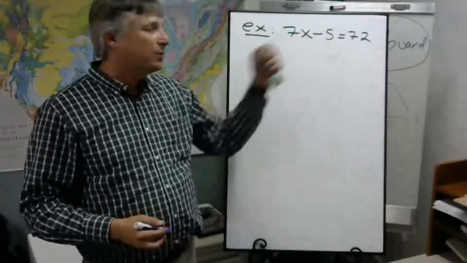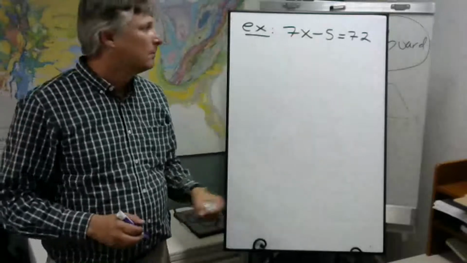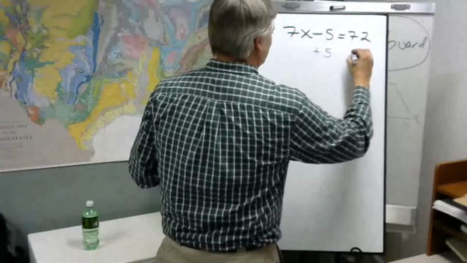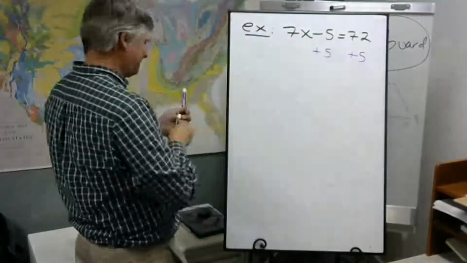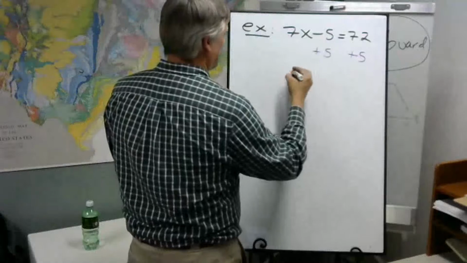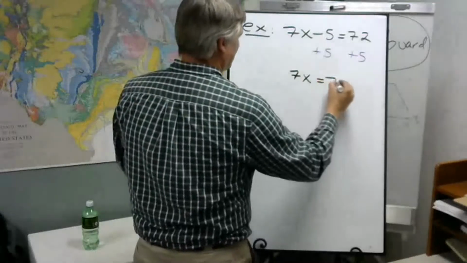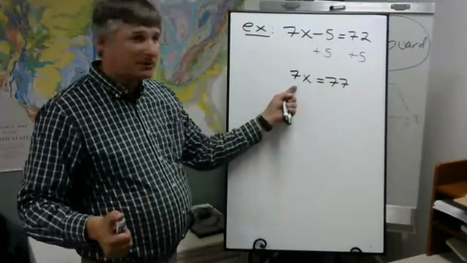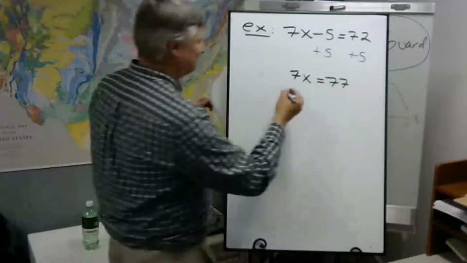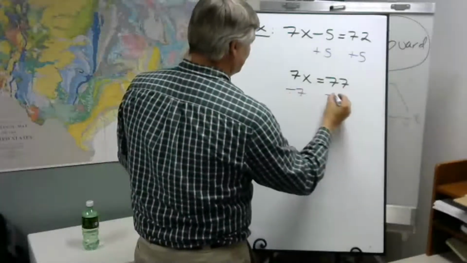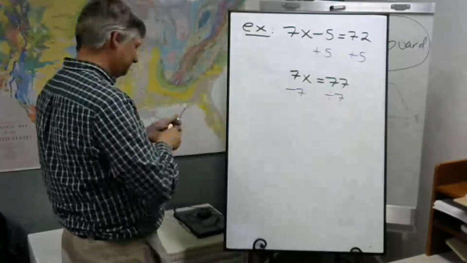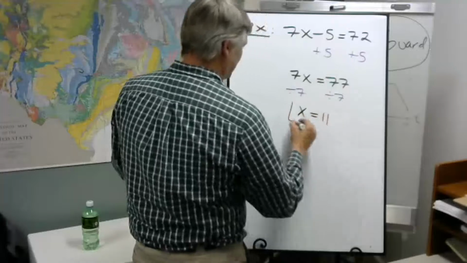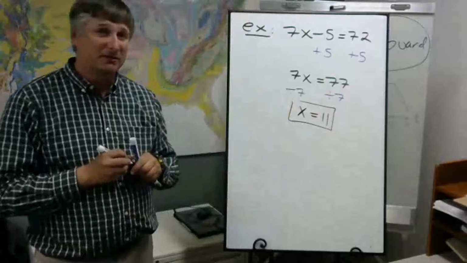So the opposite of subtracting 5 is adding 5, and we make sure we do it to both sides. Opposite of multiplying by 7, dividing by 7. So we get x equals 11.